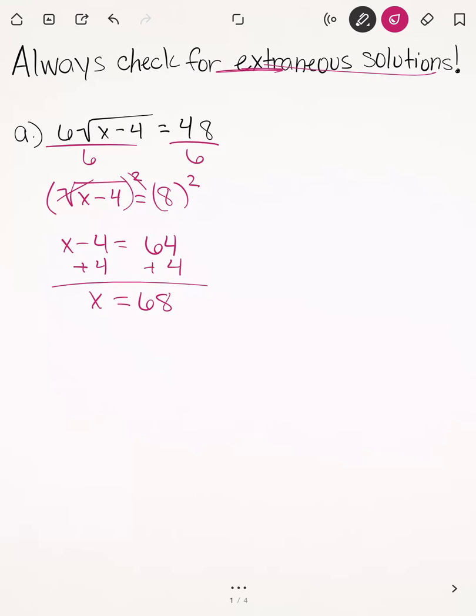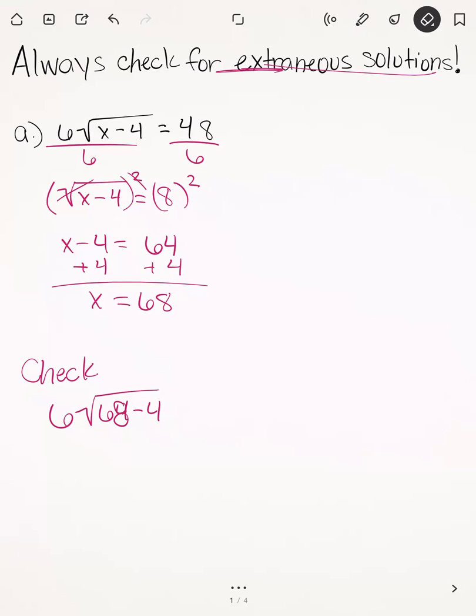Now, we're not 100% sure that's our answer. We always have to check our work. So down here, I check. I'm going to plug in 68 for x in hopes that it equals 48. Again, we hope it equals 48.